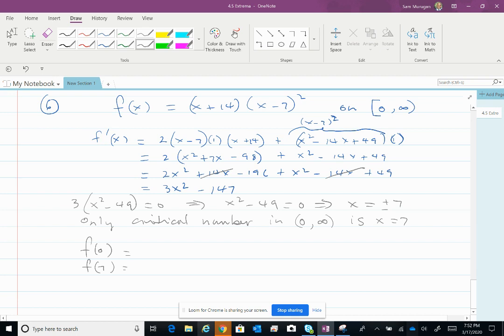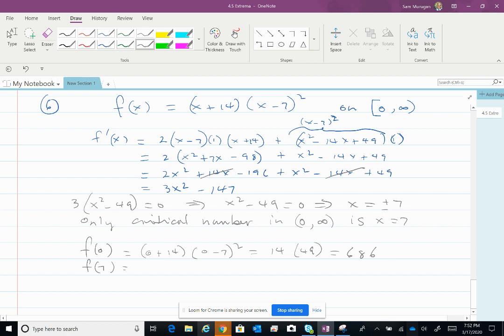Substituting 0 into this function, I'm going to leave that up to you guys. This is 0 plus 14, and then 0 minus 7 squared. So this is 14 times 49, which is 686.